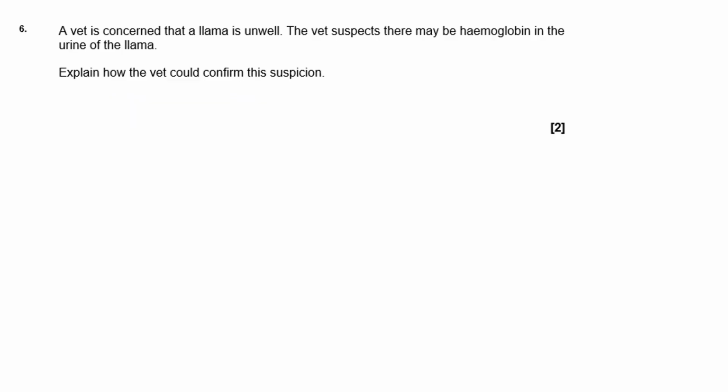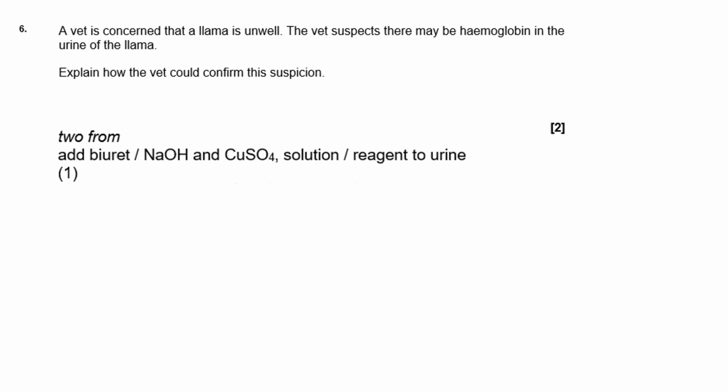A vet is concerned that a llama is unwell. A llama being an unusual animal, the vet suspects that hemoglobin may be in the urine of the llama. Again, hemoglobin is a protein. So if we do the protein food test, if it's positive, it means there is hemoglobin in the urine. So you just needed to explain that you carry out the Biuret test, which is made up of sodium hydroxide and copper sulfate.